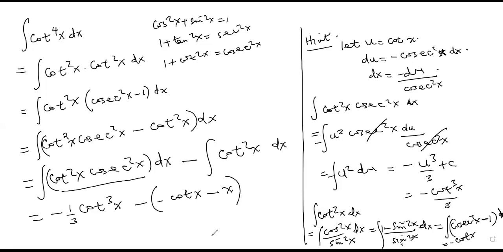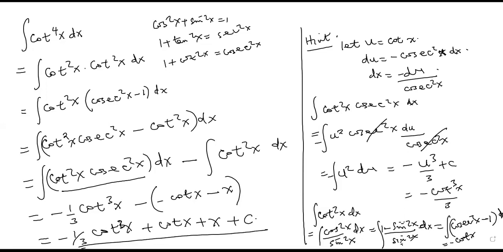All right, so our final answer is going to be negative a third cot cubed x plus cot x plus x plus a constant of integration. Very interesting. So thank you for viewing.